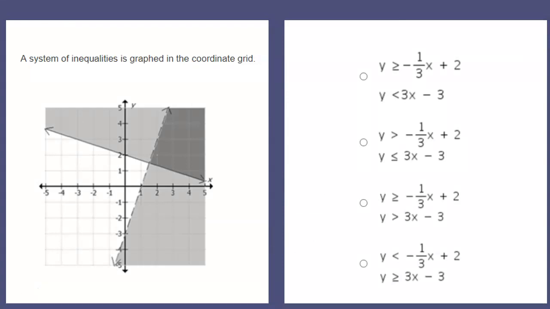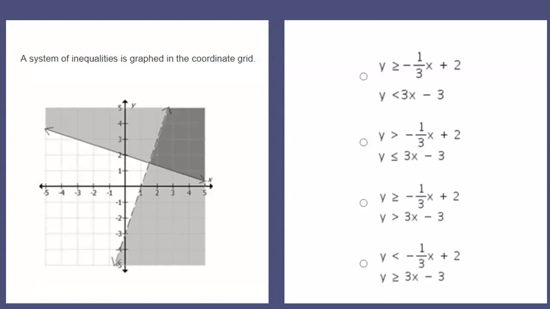This is basically it. You just really have to be able to look at these systems of inequalities and match them up on a graph. Sometimes we see a word problem.